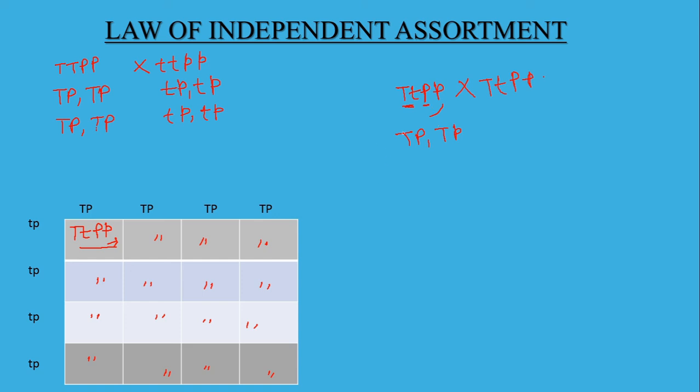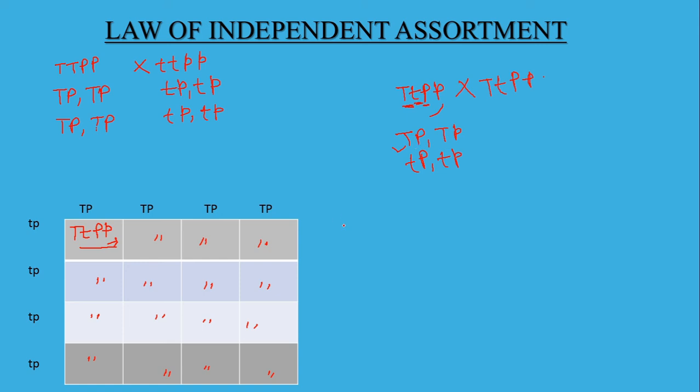In the same way, this recessive t will go with dominant P, and this recessive t will also go with recessive p independently. That is, from here, it concludes that a dominant allele can go with both dominant as well as recessive allele of the other gene.